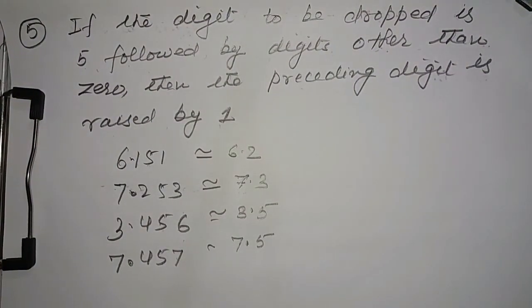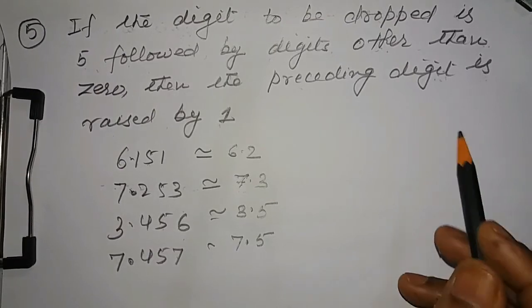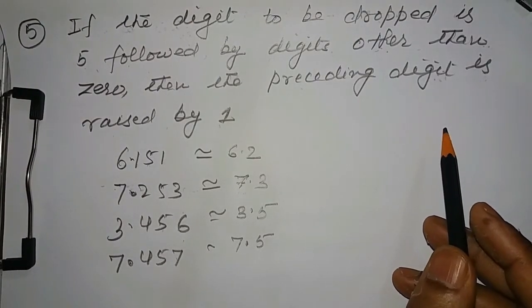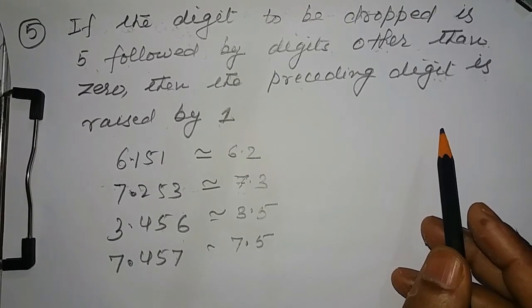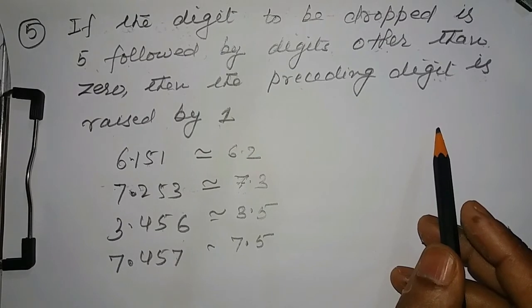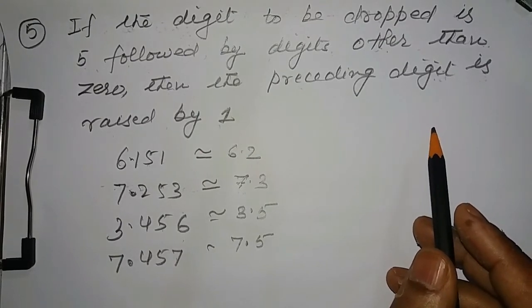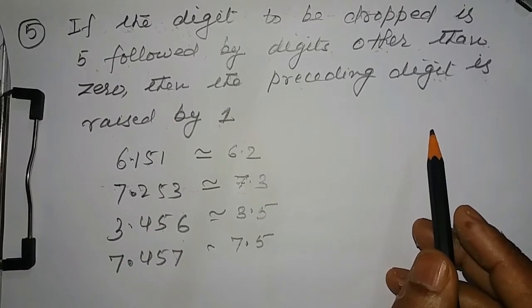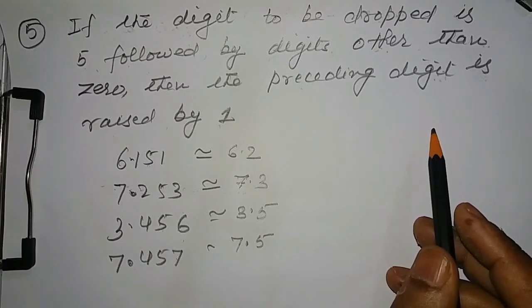Now these were the rules for rounding off. Clear? If the number you are dropping is greater than 5, then the preceding digit will increase by 1 unit. If the dropping digit is less than 5, the preceding digit remains unchanged. If you are dropping 5 or 5 followed by 0 and the preceding digit is even, then the preceding digit remains unchanged.